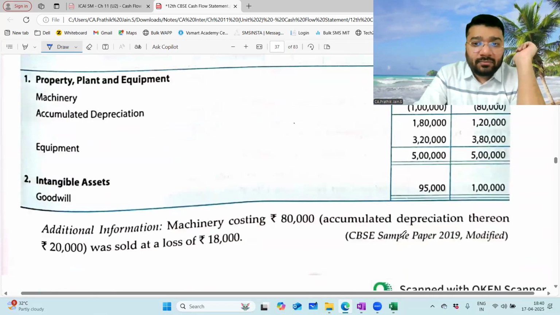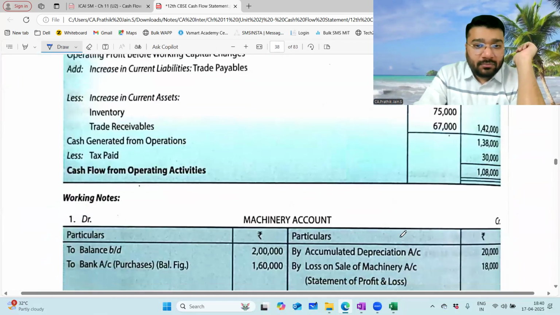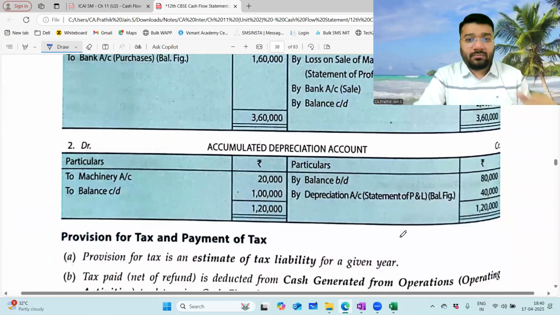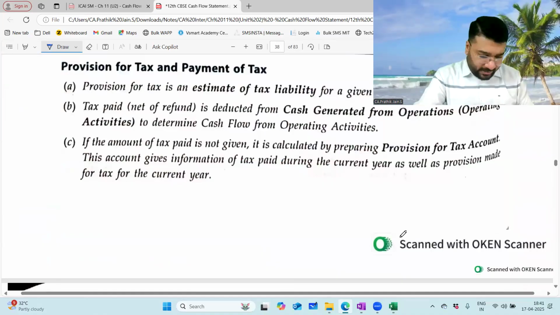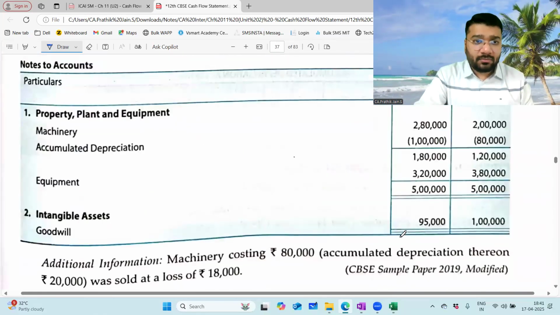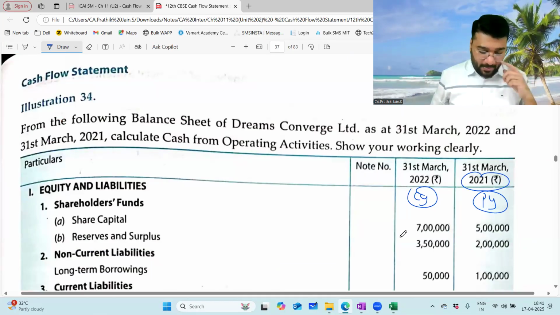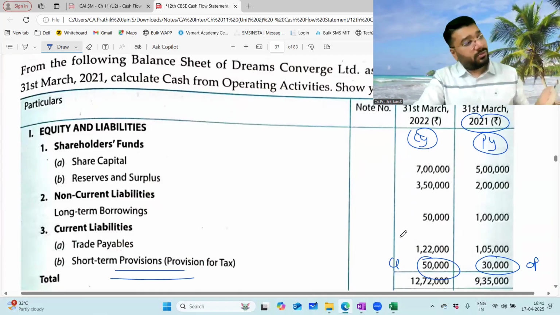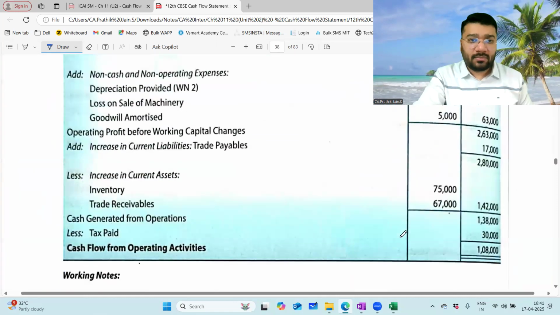Where is it? See, this book and that book are changing. Question 35 to 38, how come? 24 edition only.